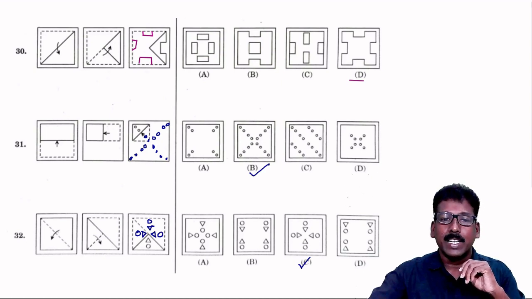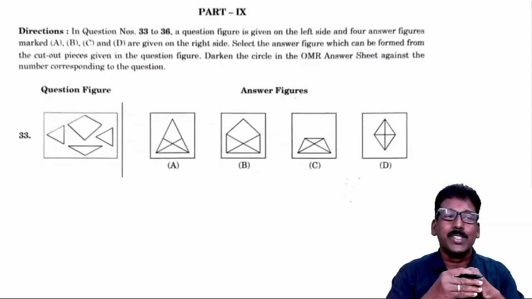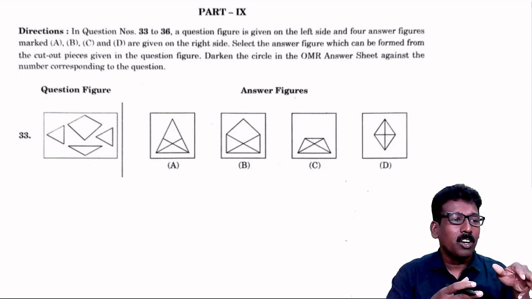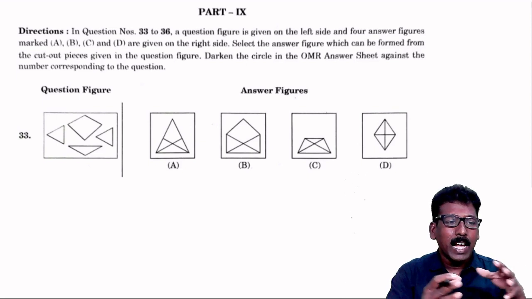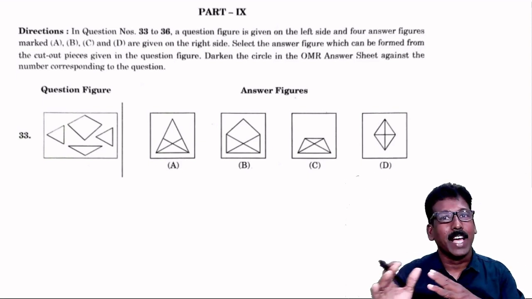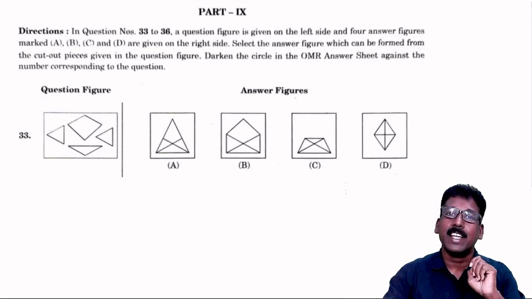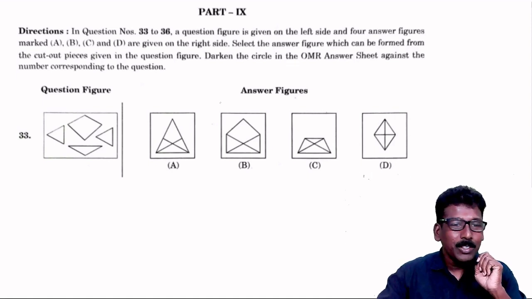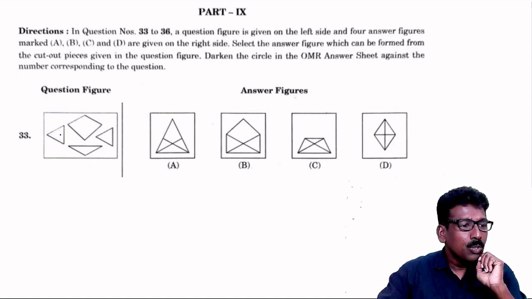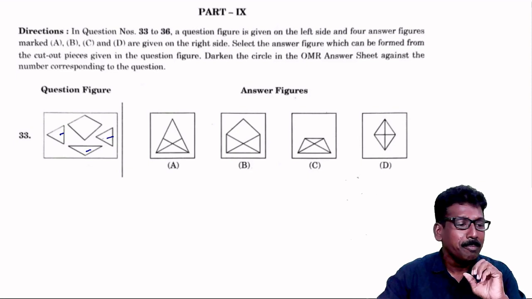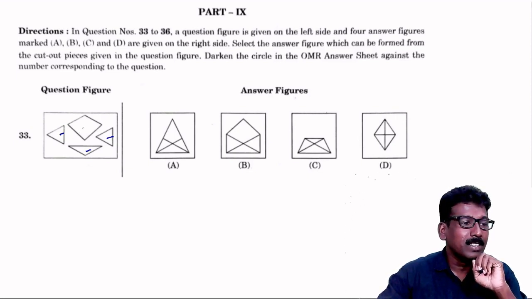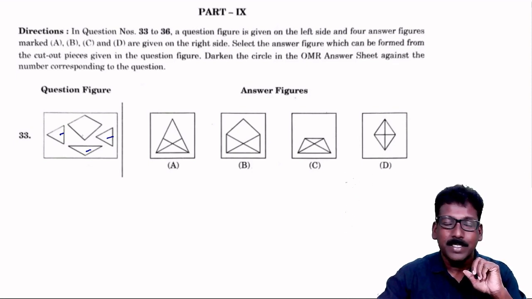Now look at the next part. In this question, four cutout pieces will be given. Some pieces will be given, and they are joined and kept in the answer sheet. Only one correct answer figure you can find. Now you can see here two triangles of equilateral type, one isosceles triangle and a quadrilateral in the shape of a kite.